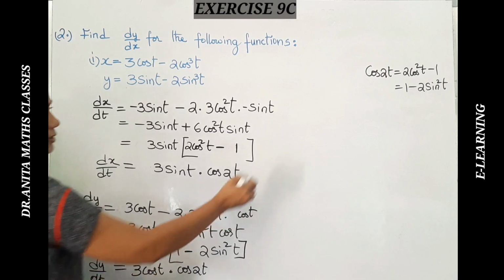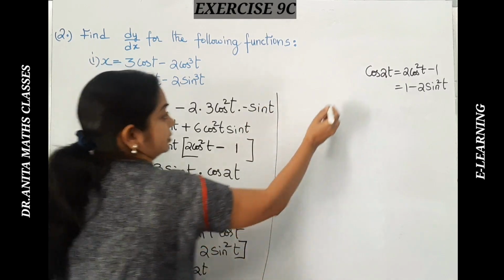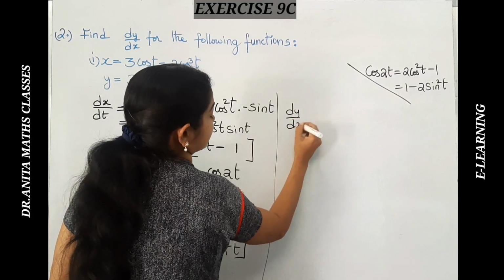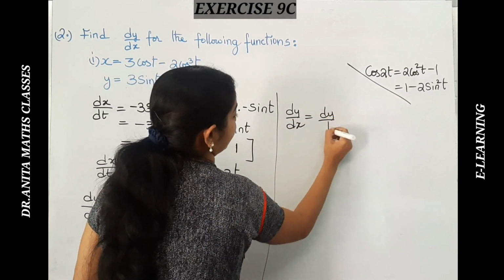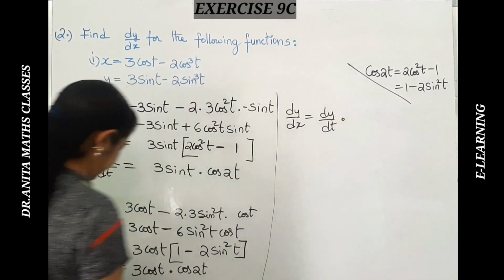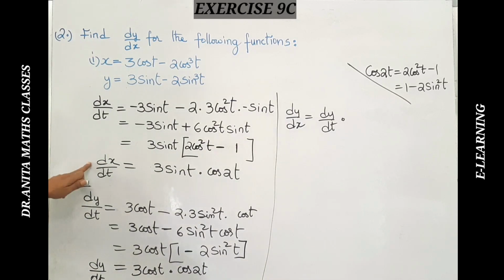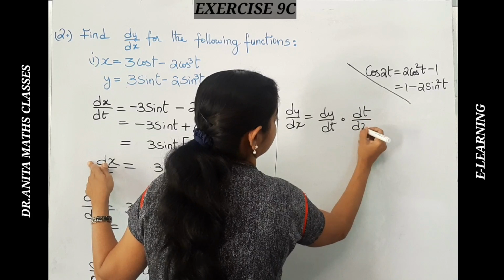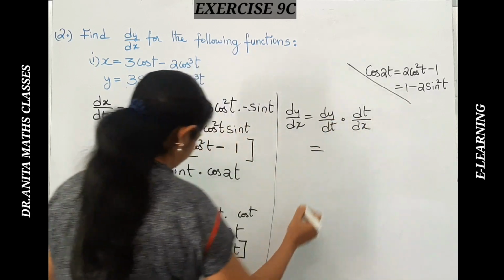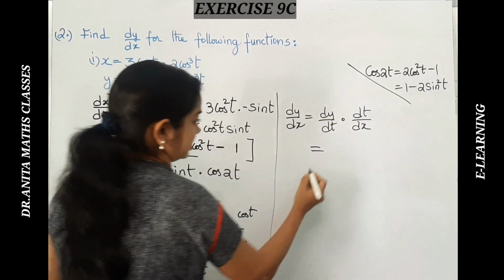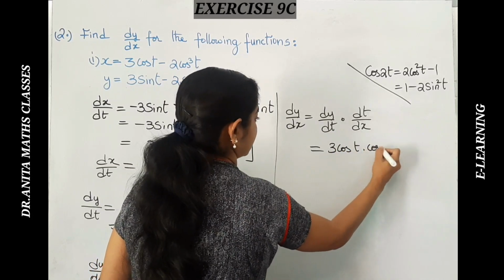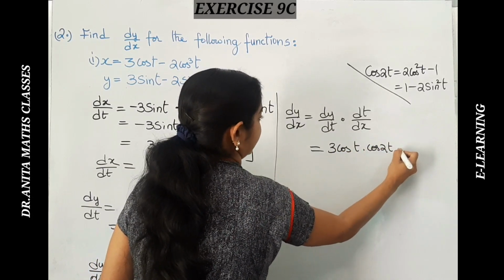Now this is the rough part. Here we want dy by dx is equal to dy by dt multiplied by dt by dx. So here dy by dt is 3 cos t multiplied by cos 2t, multiplied by this.